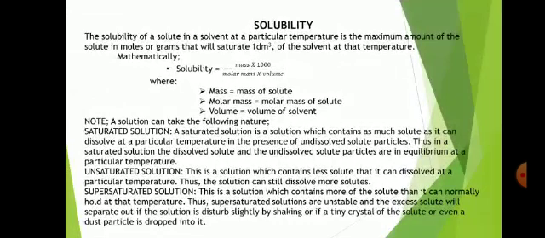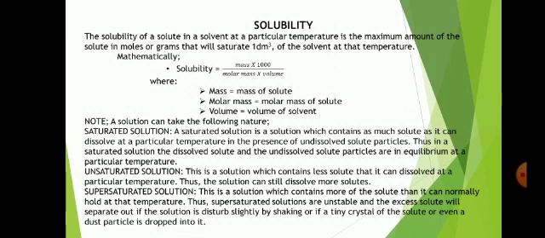Solubility. What is solubility? The solubility of a solute in a solvent at a particular or given temperature is defined as the maximum amount of the solute, in moles or grams, that will saturate 1 dm cube of the solvent at a particular temperature. What do we mean?